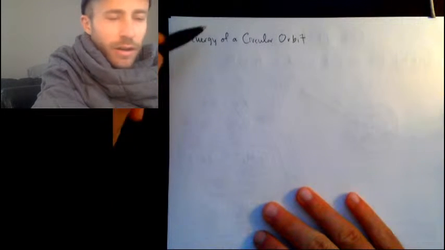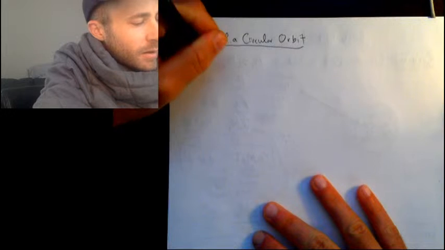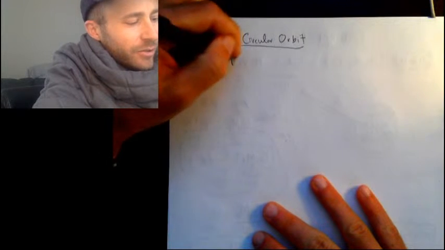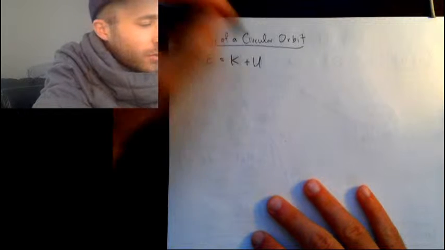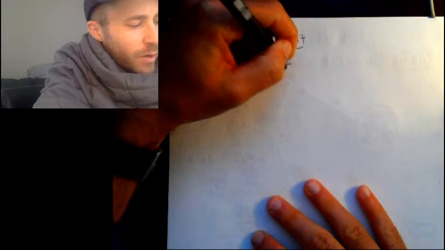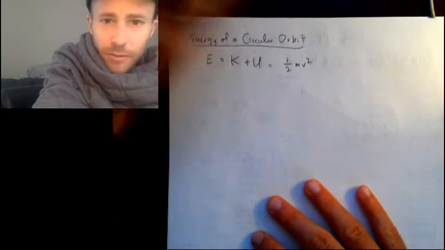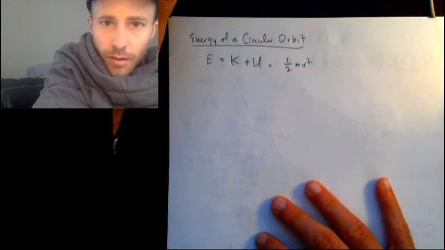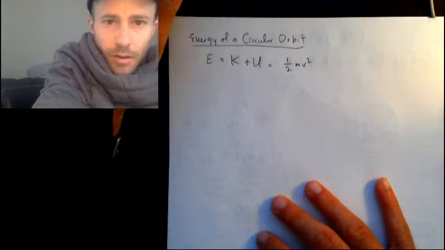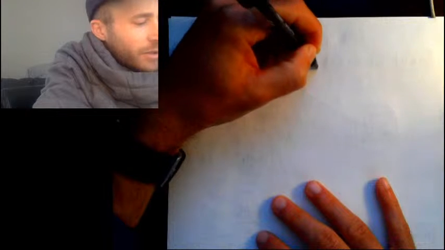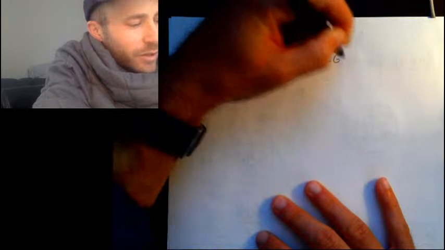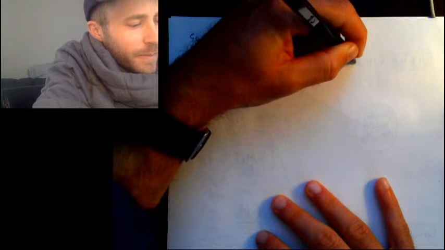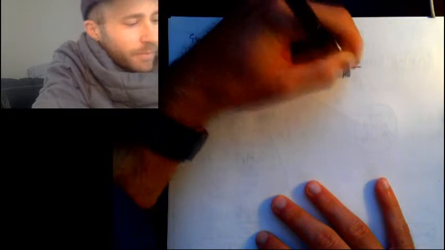Well, the energy of a circular orbit is going to be the kinetic energy of the orbit plus the potential energy. The formula for kinetic energy is 1/2 mv squared. The gravitational potential energy is negative big G times little m times big M over R.